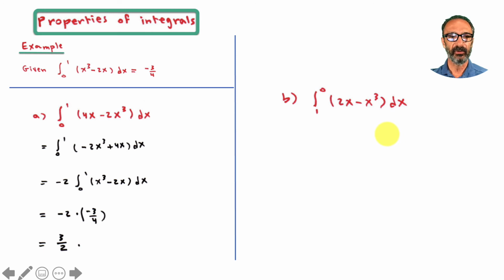Now I'm gonna do 2 steps in one. 2 birds, 1 stone. One more time. From 0 to 1. From 1 to 0. So I'm gonna switch them. That's gonna give me a minus sign. X cubed is negative x cubed. Negative 2x is positive 2x.